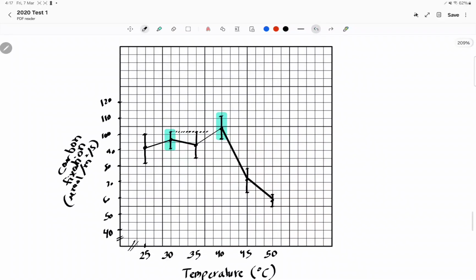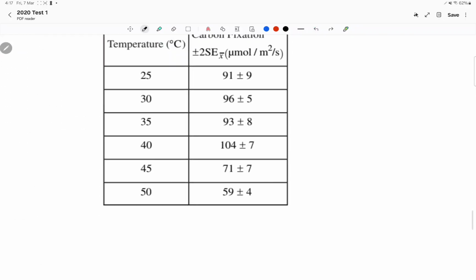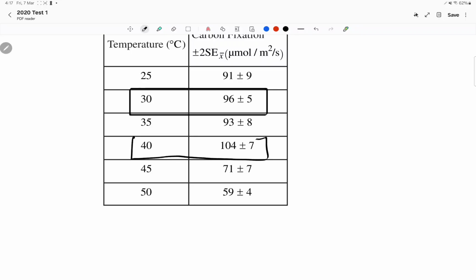So if they overlap, they're not different from each other. And if you want to confirm it further, look here at 30 and 40 and see if the numbers overlap. Yeah, they do, because you're going to have 91 to 101 and 111 with 90.